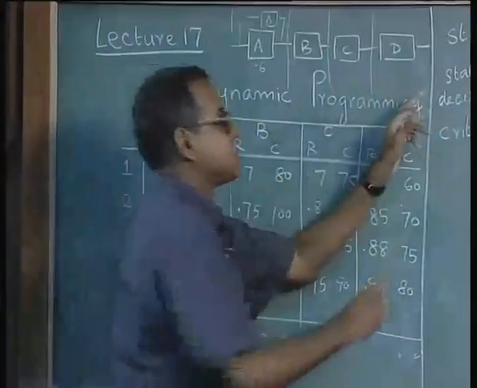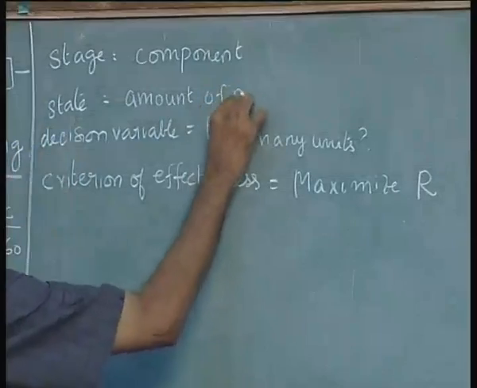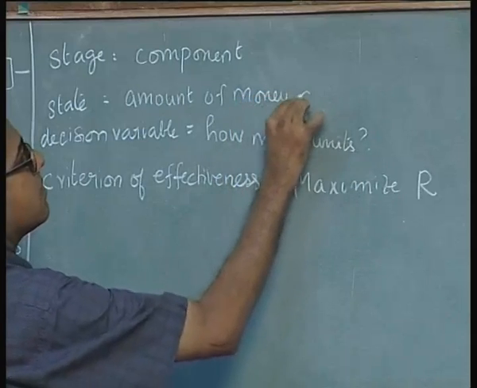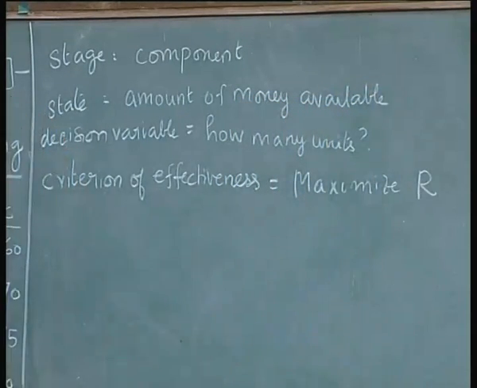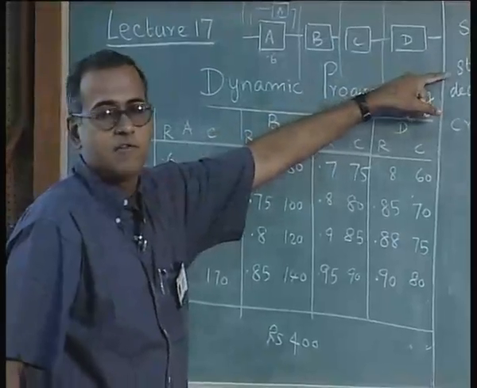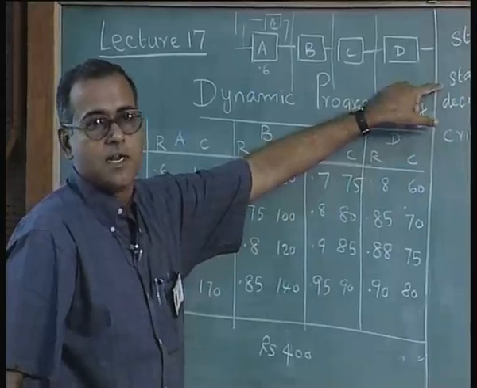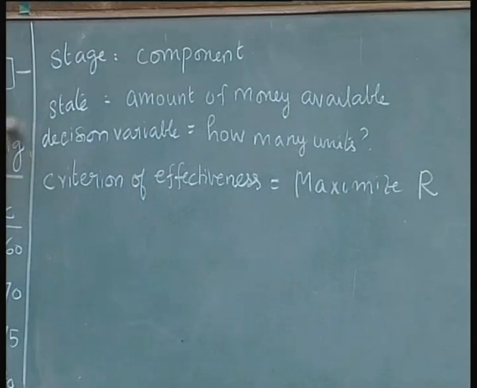So state in this example is the amount of money available, or in general wherever there is a constraint, the resource availability represents the state of the system. State can directly be linked to resource availability. In this case, state variable is the amount of money that is available for allocation to that particular component.